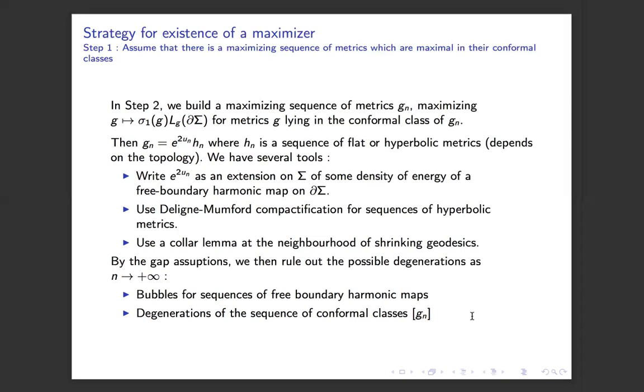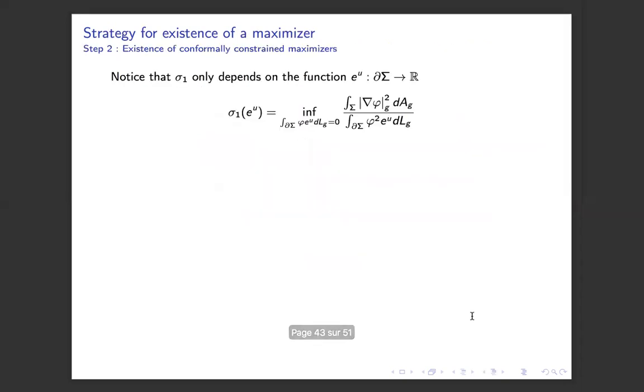But in all these cases, it is not possible because we have the gap assumption. And we cannot degenerate to lower topologies. Therefore, thanks to the gap assumption, we have the theorem. But we have to prove in step 2 that there are maximizers in a fixed conformal class.